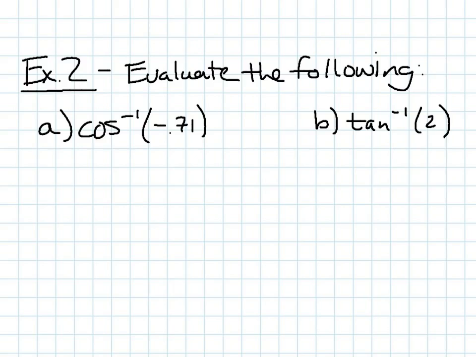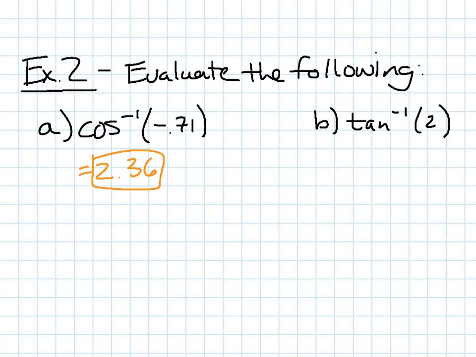So you need to press the second button, and then plug in the value that they want you to evaluate, and then you press enter. So for the inverse cosine of -0.71, I would get 2.36, and that would be my answer.